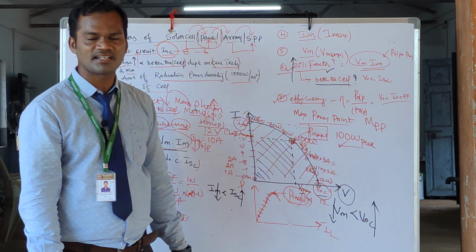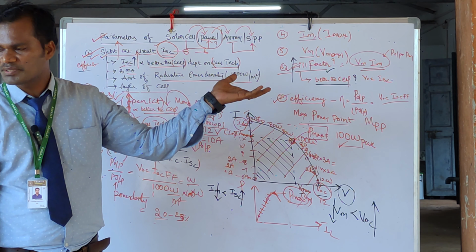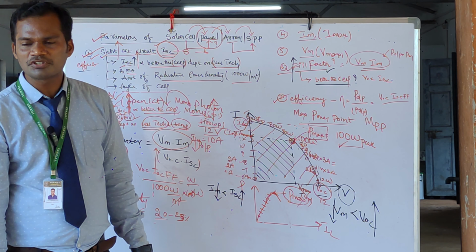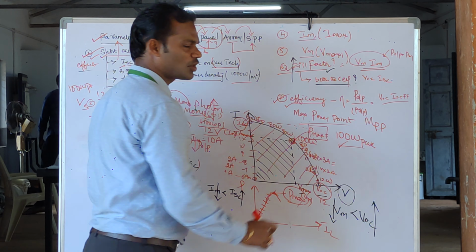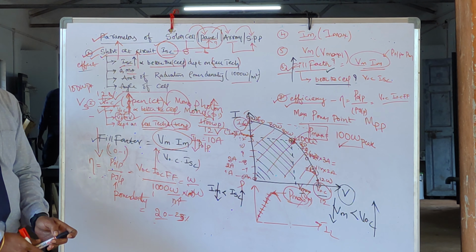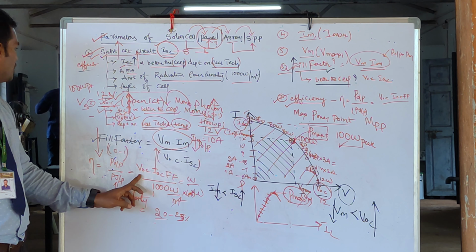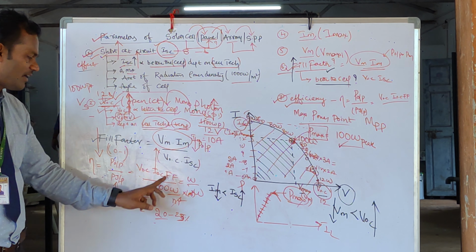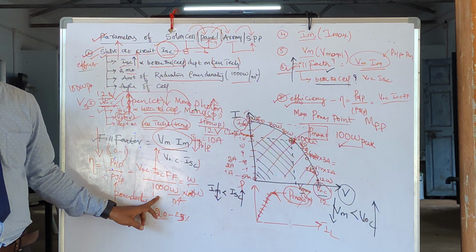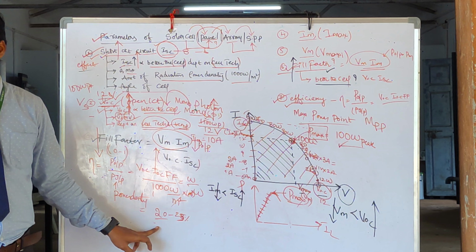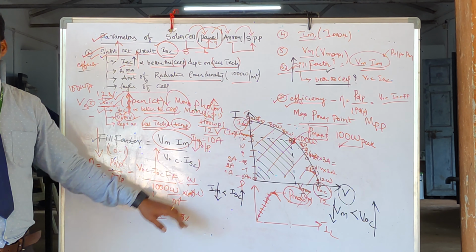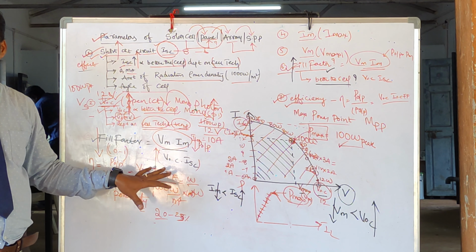What is meant by fill factor? It is defined as the ratio of Vm into Im divided by VOC into Isc. And the next one is the efficiency of a solar panel. It is defined as VOC into Isc into fill factor divided by 1000 watt per meter square. Meter square will get cancelled and it will be expressed in percentage. This is called the efficiency of a solar panel.